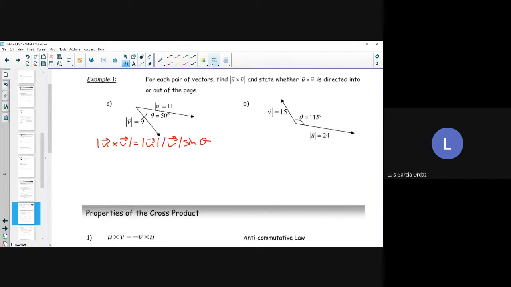I know my magnitude of u is 11. My magnitude of v is 9. I'm going to take sine of 50. So I get approximately 75.84 units, or the magnitude is 75.84.